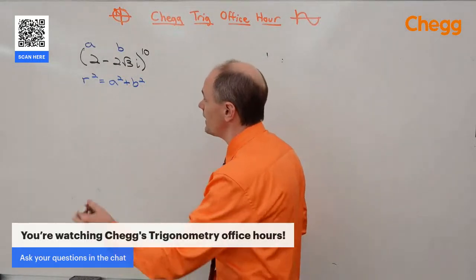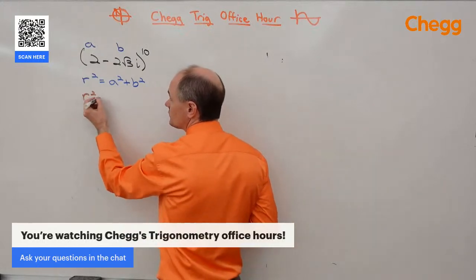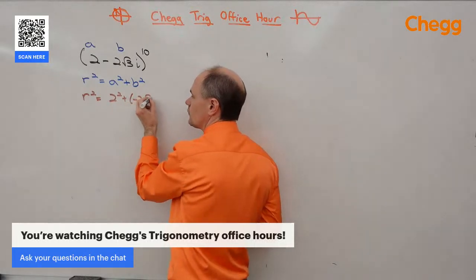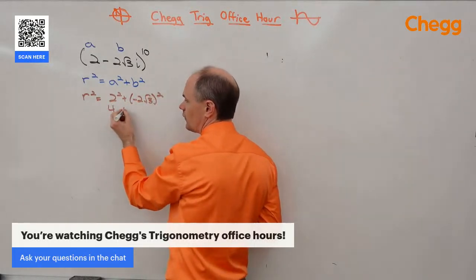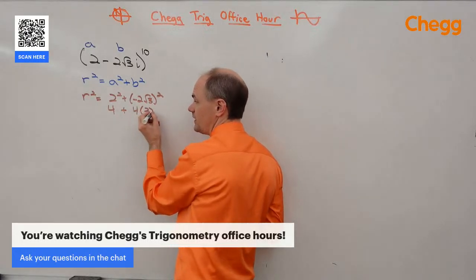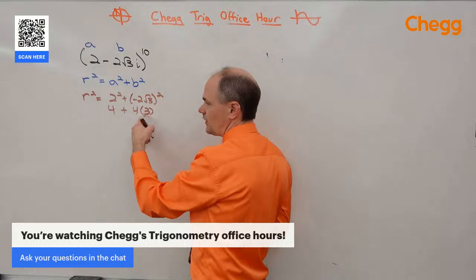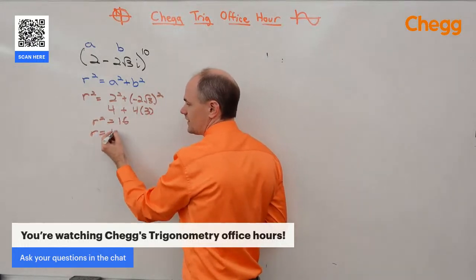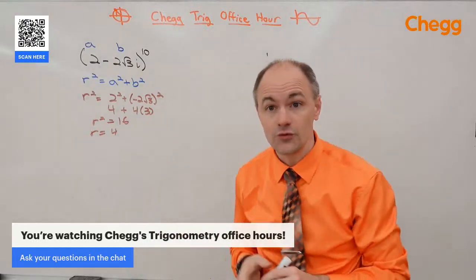Well, the radius squared is 2 squared plus negative 2 root 3 squared. 2 squared is 4. 2 root 3 squared is 4 times 3, which is 12. 12 plus 4 is 16. So the radius here is equal to 4.